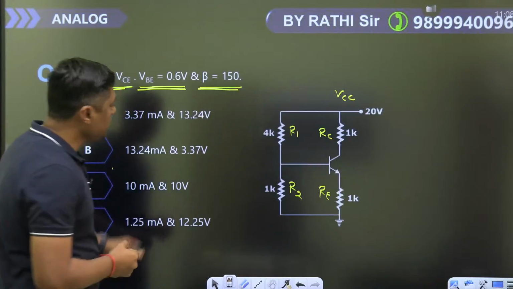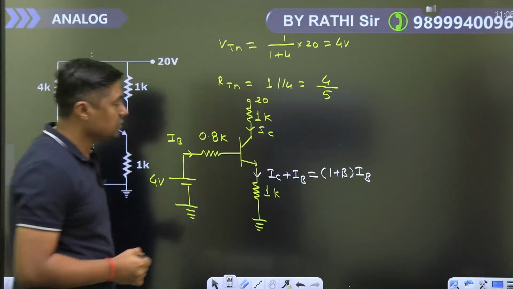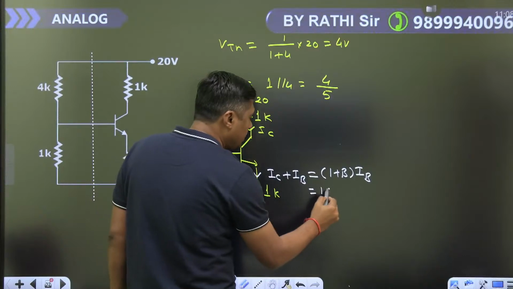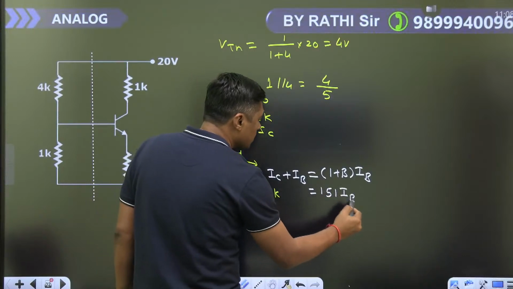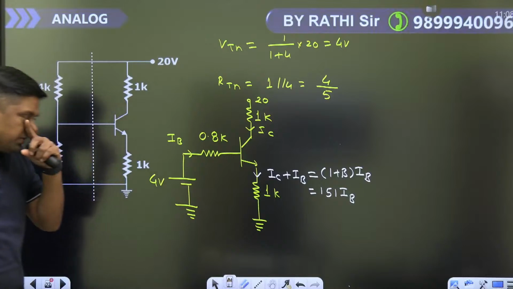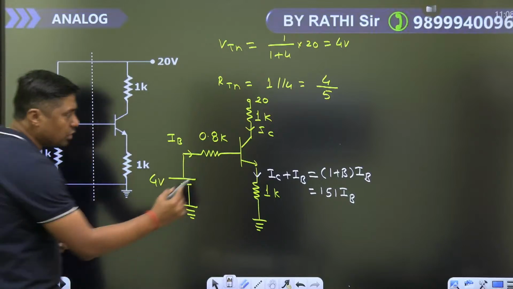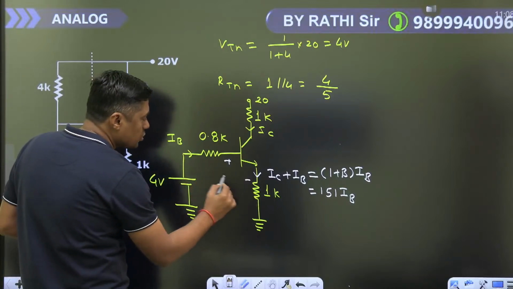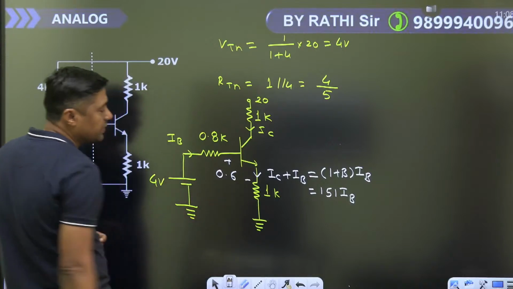So what is the IB? What is the beta? 150. That's why it will become 151 times IB. Now this voltage VB, in the question it is given VB is 0.6 volt.